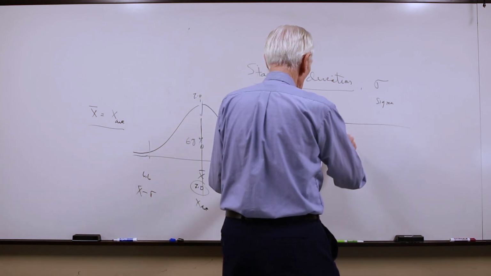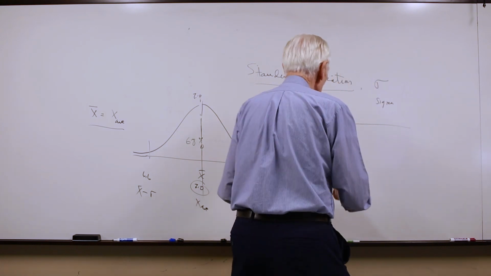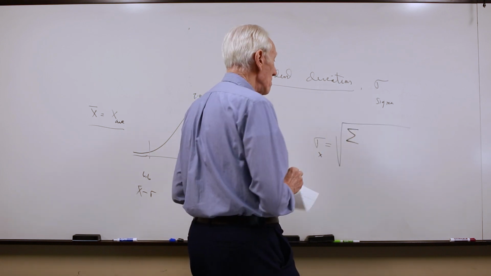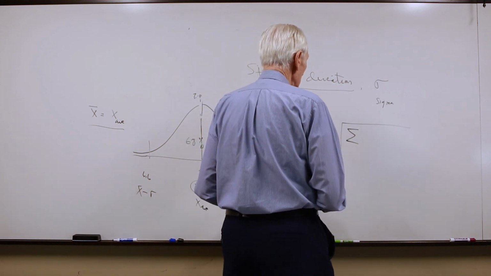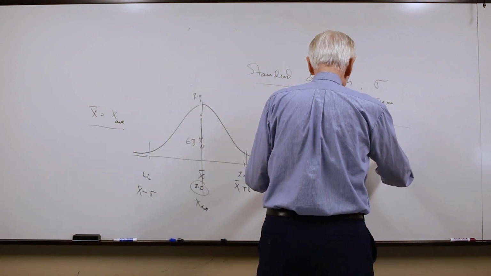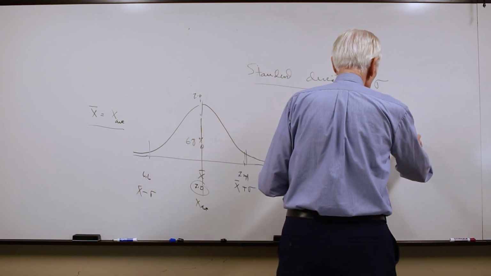It's the square root of the sum. This symbol here, by the way, is big sigma. That's little sigma, capital sigma, and it stands for summation. Here's the way I want to write this, and I'll explain this in a bit. X bar, you know, is the average value.